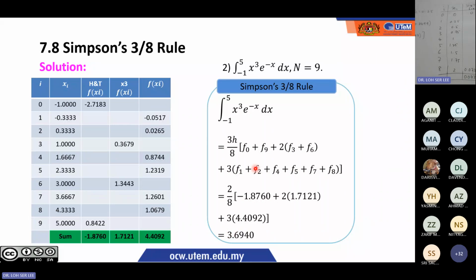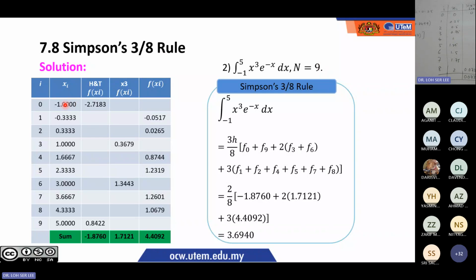If the question gives n, you just use b minus a divided by n. So this one, 5 minus negative 1, you get 6. 6 divided by 9, that means 6 over 9, which is 2/3, right?